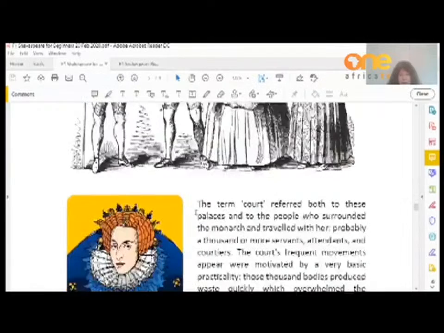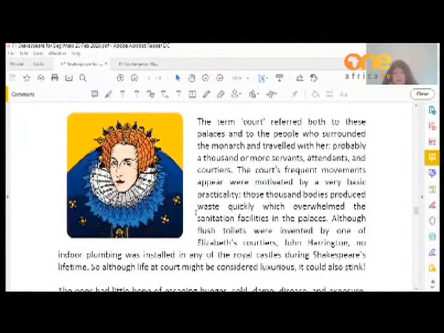There you go. Right, there's going to be a lot of talk about the court, which referred to the palaces and to the people who surrounded the monarch, which is Queen Elizabeth I, and later on James I, and they all traveled with her. She had a huge entourage, just like a rock star might have nowadays.